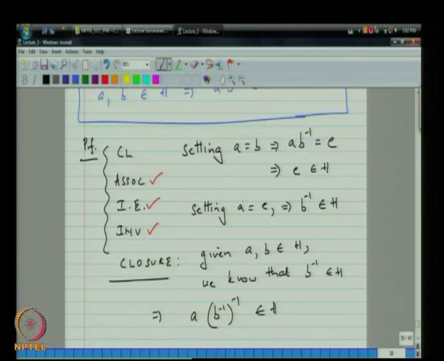Now, in summary, if you want to check that something is a subgroup, you will just apply this one test from now on.